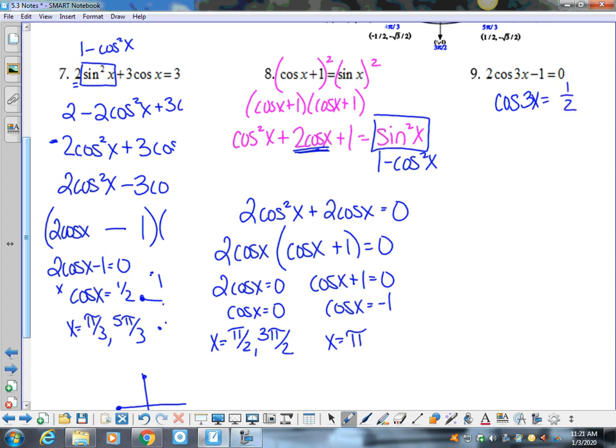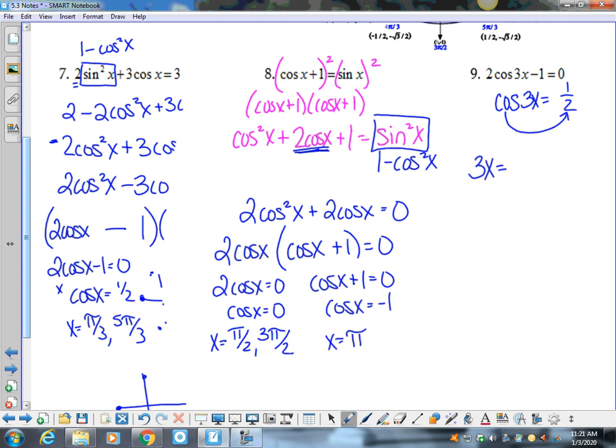The number one mistake people make right here is they'll say, oh, I'll just now divide by 3. But that's not cosine times 3. That 3 is in the trig. It's cosine of 3x. So what I want you to do is completely ignore the 3x, and find where cosine is 1/2. But instead of letting that equal x, it's going to equal 3x.